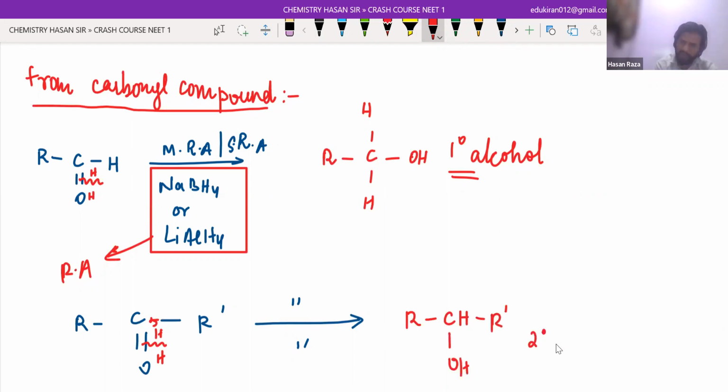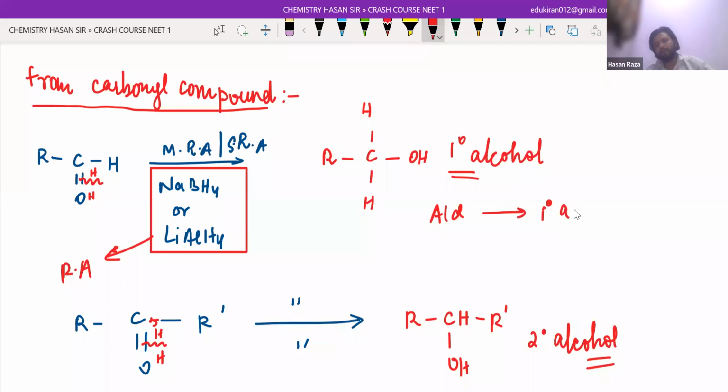Are you getting my point, everyone? Yes, sir. So always remember, if you reduce an aldehyde, you will get 1 degree alcohol, and if you reduce a ketone, you will get 2 degree alcohol. So this is how we prepare alcohol from aldehyde and ketone. Okay. Can I change the slide? Yes, sir.